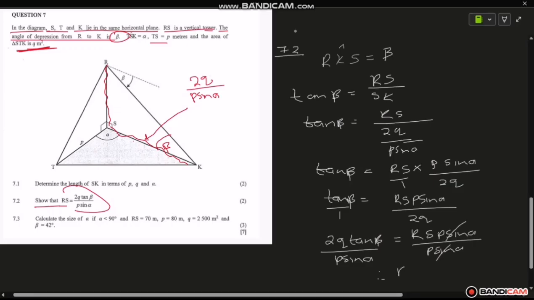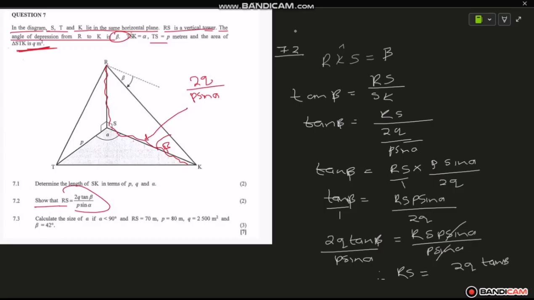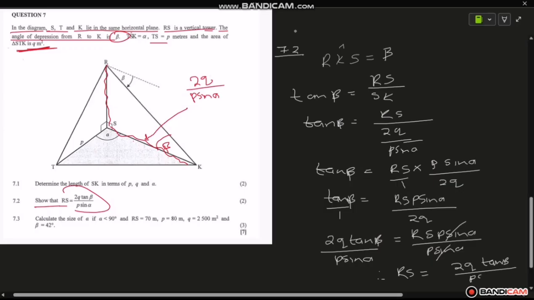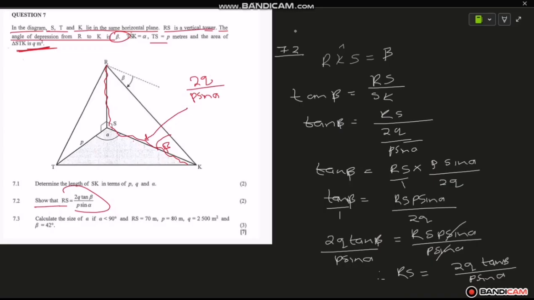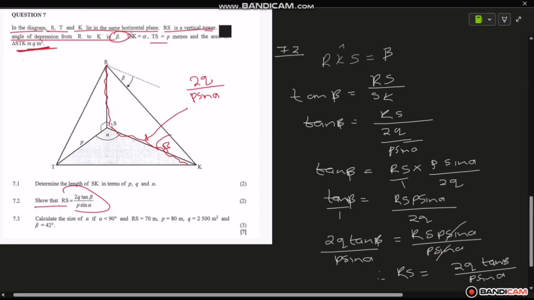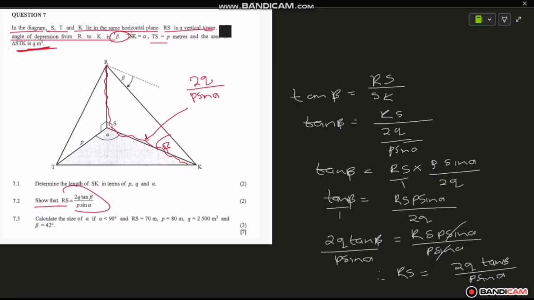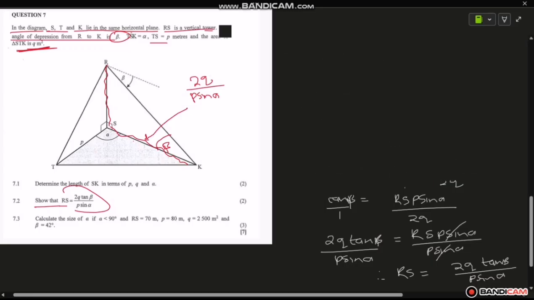What we have now is RS being equal to 2q tan beta over p sine alpha, which is what they wanted us to show. I hope it makes sense. So you just need to understand your diagram and try to interpret it.